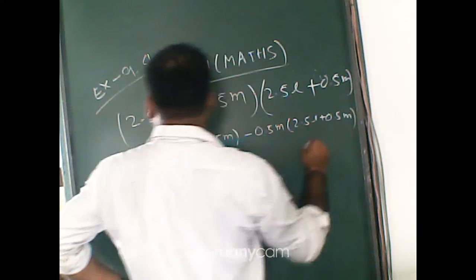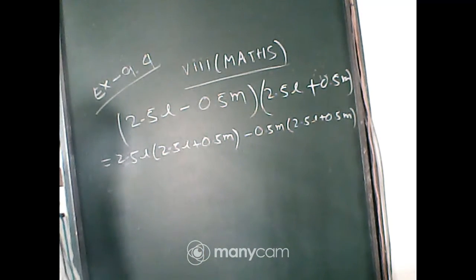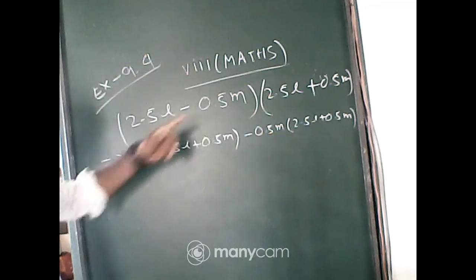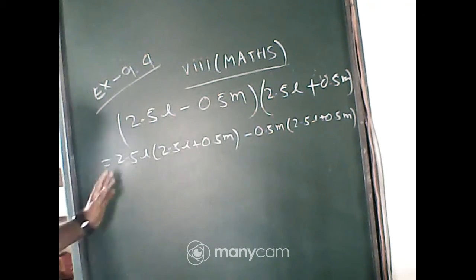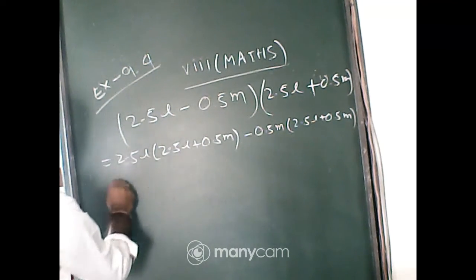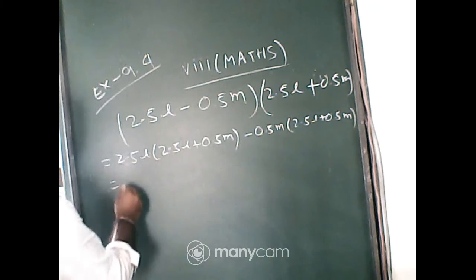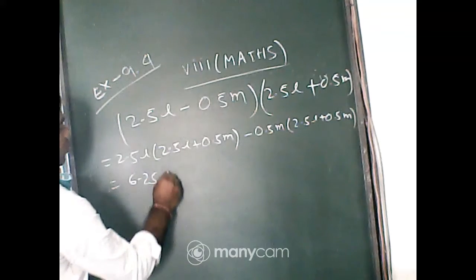Later we will learn the a square minus b square formula, that is a plus b into a minus b. In a short way you can do a square minus b square, but now we will solve it by actual multiplication. So 2.5 into 2.5, a very easy calculation, is 6.25 L square.